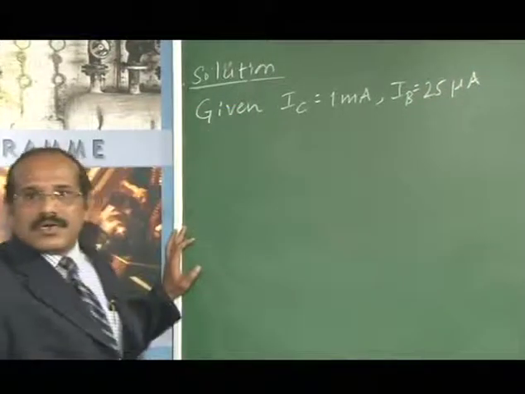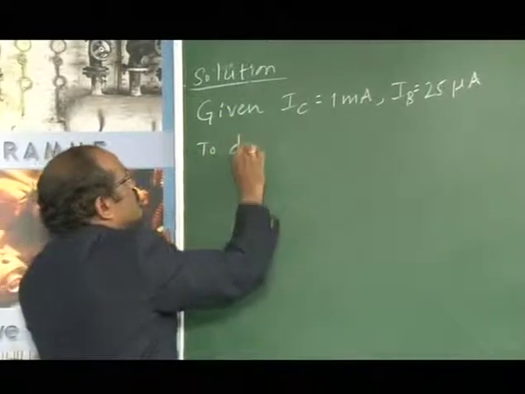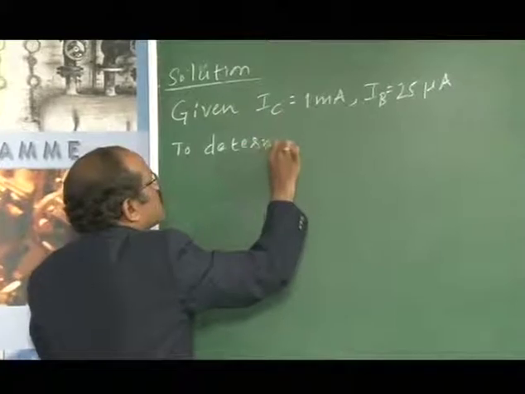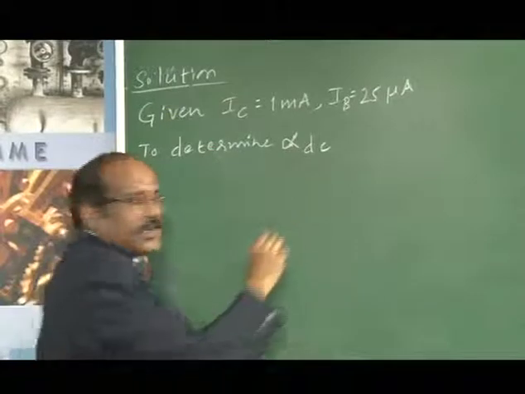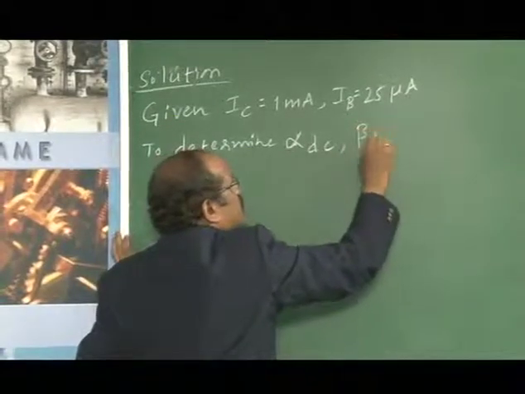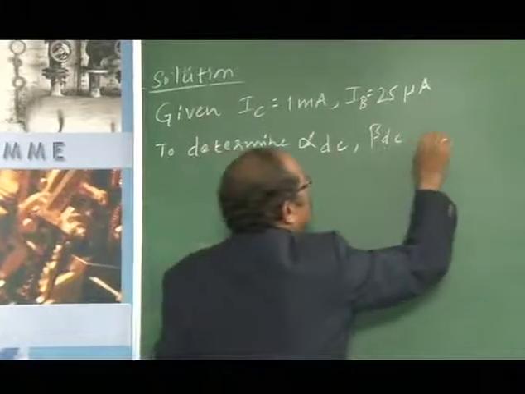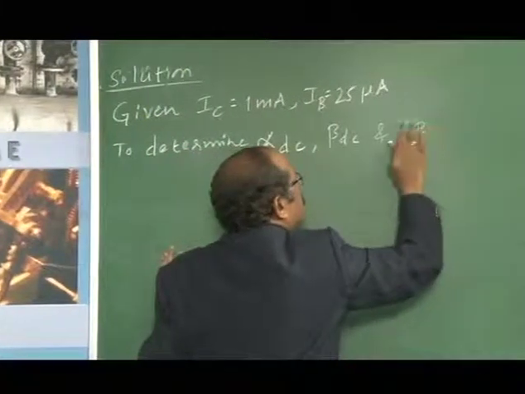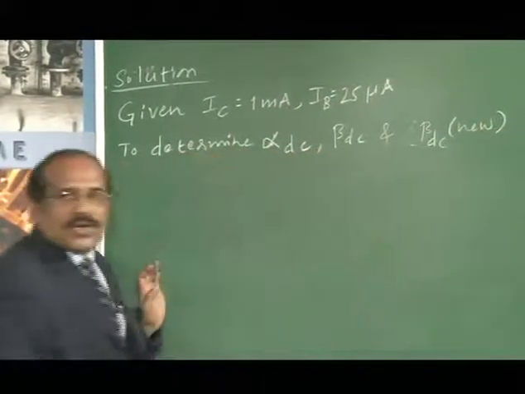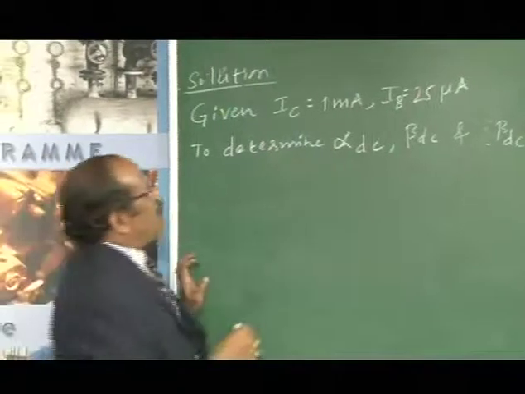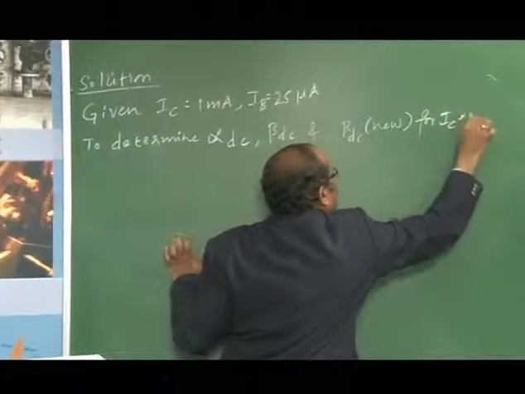We need to determine alpha DC and beta DC, and after that the new beta DC for a collector current of 5 milliamperes.